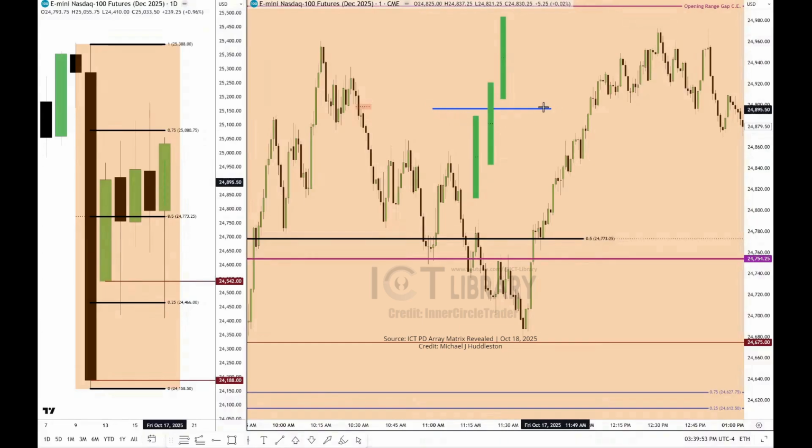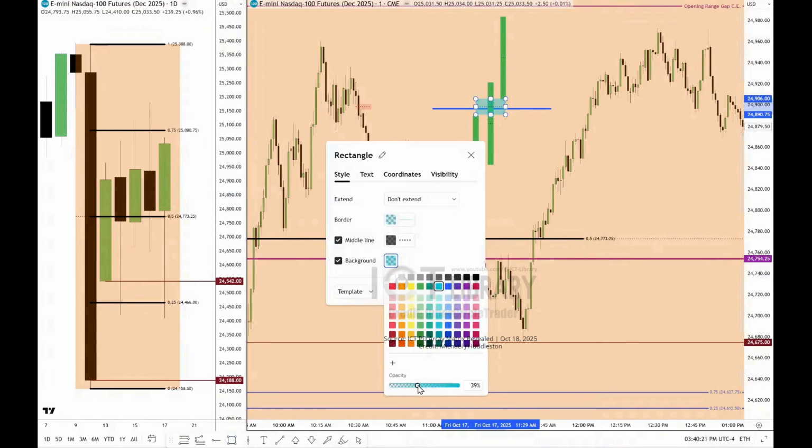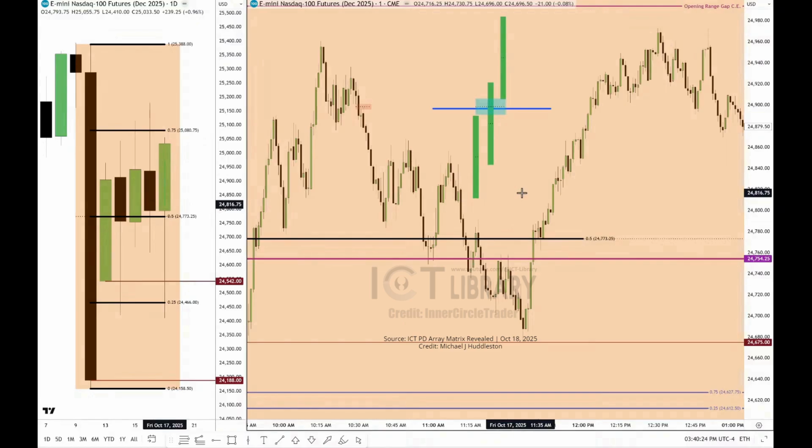If this is the quadrant, you want to see any portion of the candle that makes the actual fair value gap laying on top of this line. So you would naturally have it viewed like this. That's your normal ICT bullish fair value gap. Crude depiction, but it's accomplishing the method.